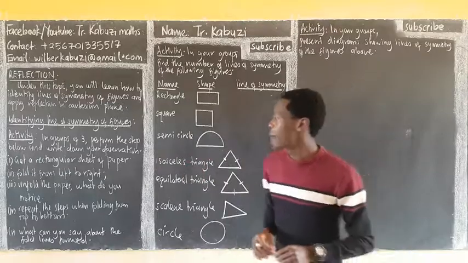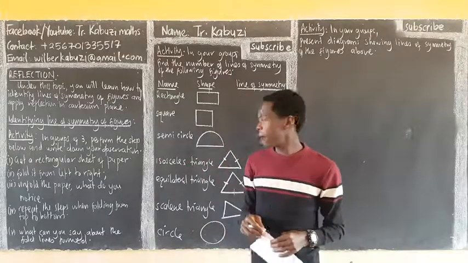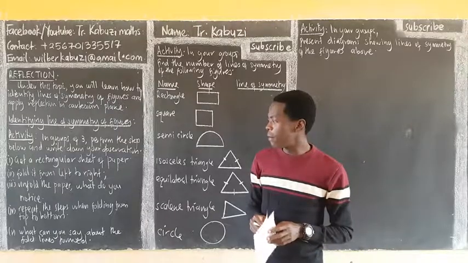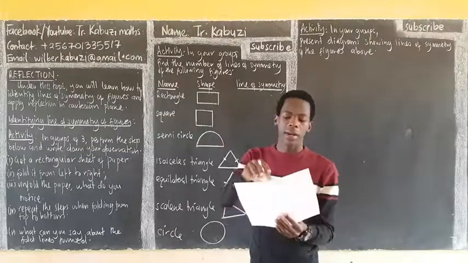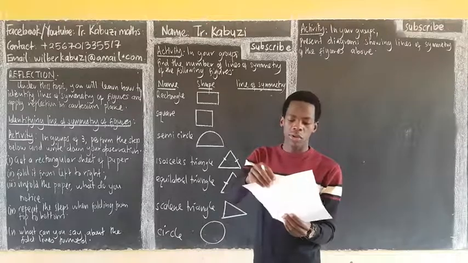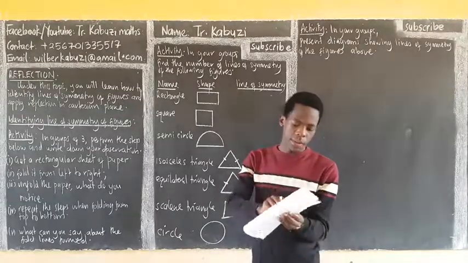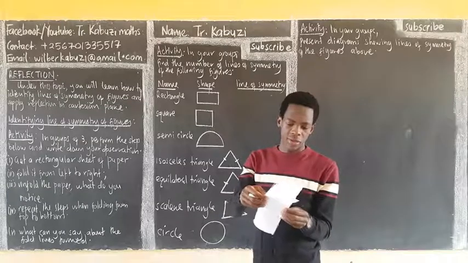Okay, let us come to my number. For everyone, get back the paper. Repeat the steps when folding from top to bottom. So now I'm going from top to bottom, like this.